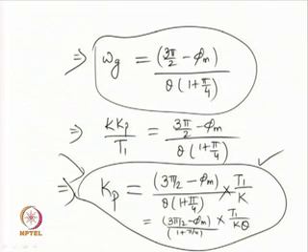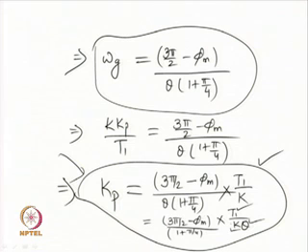What are the known things on the right hand side of this expression? T1 is known, theta is known, k is known. These are the parameters of the transfer function model for the second order unstable transfer function model. For the unstable second order plus dead time model, T1, k, theta are there.